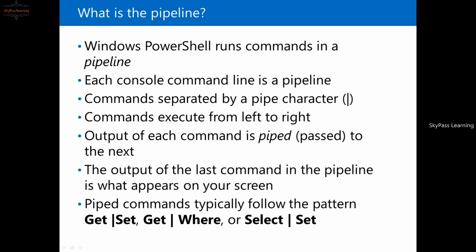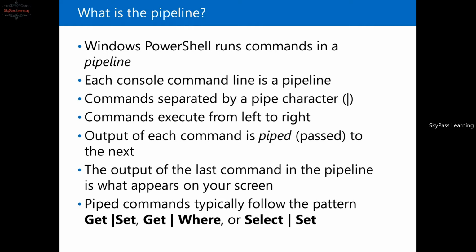Okay, so first of all, what is a pipeline? A pipeline is a command separator or a pipe character. You have seen it on the keyboard, it's in a two dash form. Once you put a pipe, it will separate two commands and pass the first command's output to the next associated command.